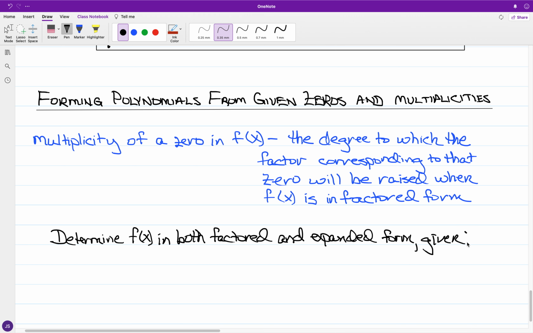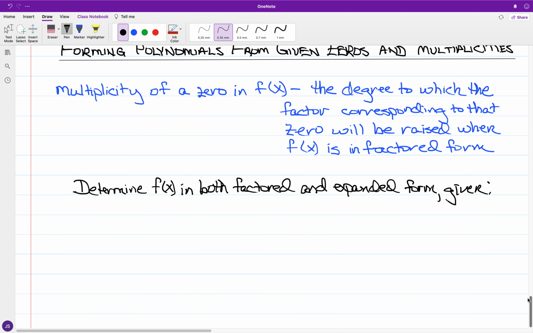Say we have given the following. Okay, so we have, for the zeros, I'm going to start out with the zero values. We'll let those be of multiplicity 1.